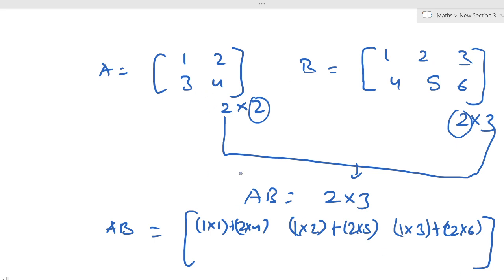Similarly, now we have the second row. We multiply it with all 3 columns. So basically you have to take the rows from the first matrix and multiply with the columns in the second matrix.